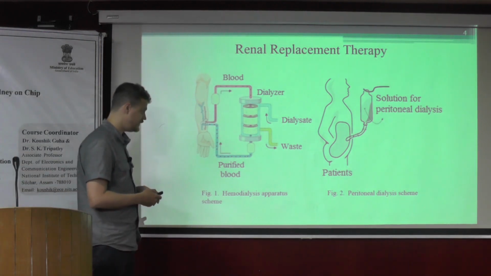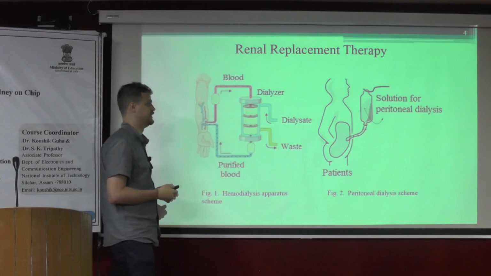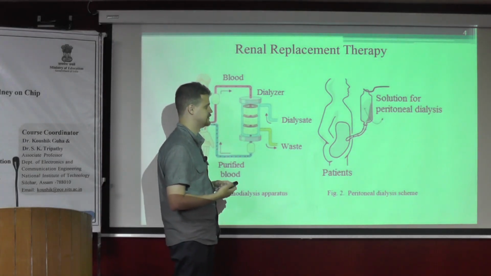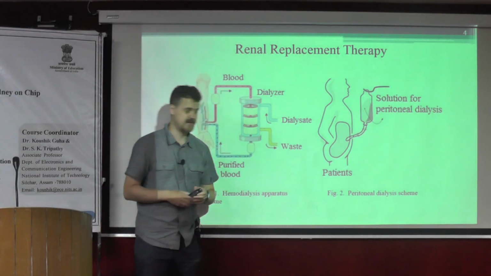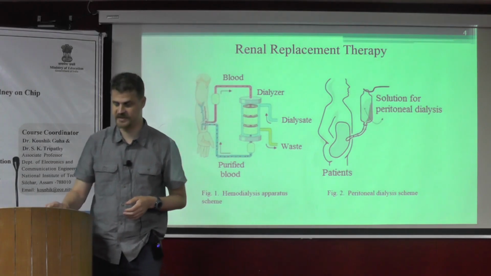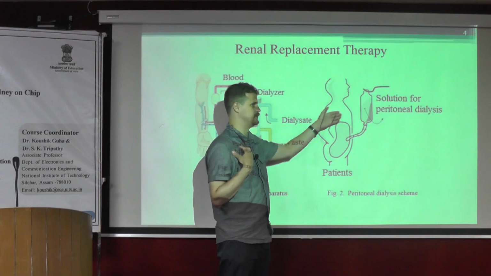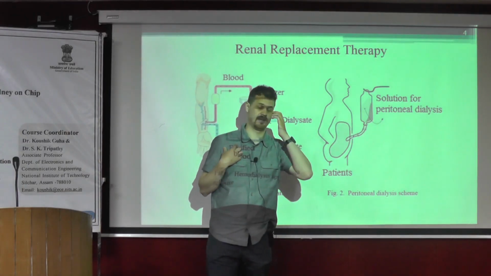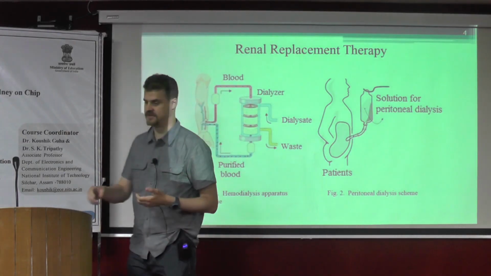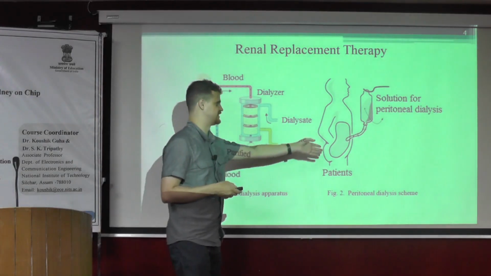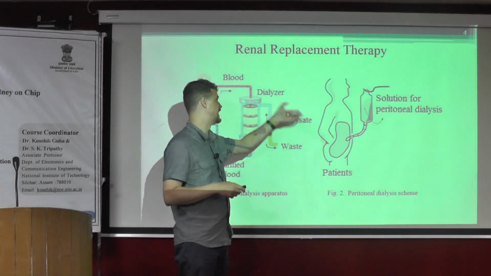The alternative to hemodialysis is the peritoneal dialysis method, where we use the peritoneal cavity as the mass exchange unit, so it works as a sort of natural dialyzer.